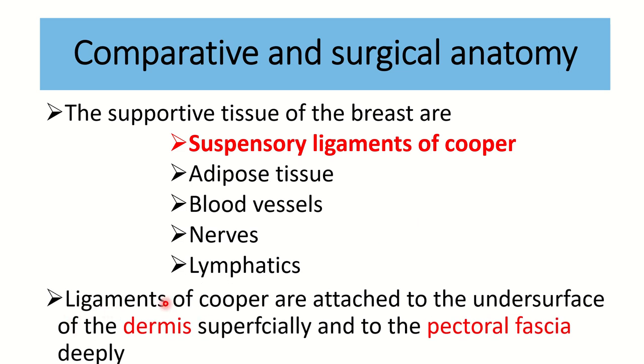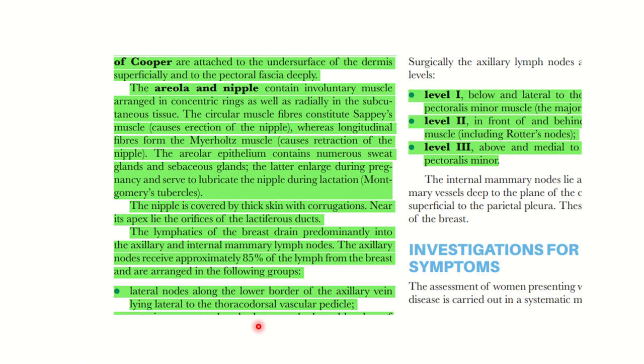The ligaments of Cooper are attached to the undersurface of the dermis superficially and to the pectoral fascia deeply. So when cancer infiltrates this ligament of Cooper, the ligament shortens, and the dermis dimples inward, and it gives the characteristic important feature, which is the peau d'orange appearance.